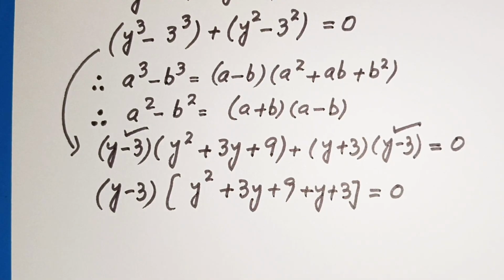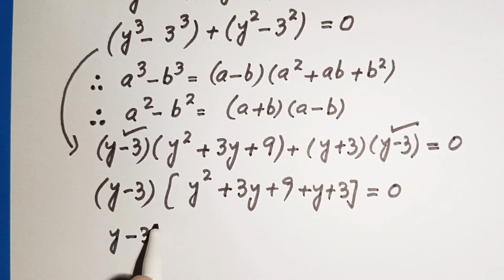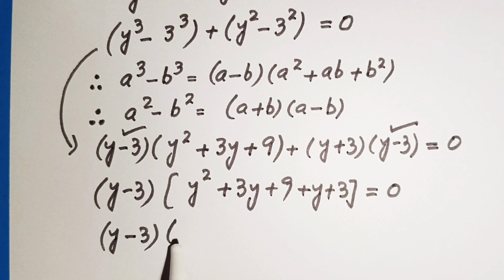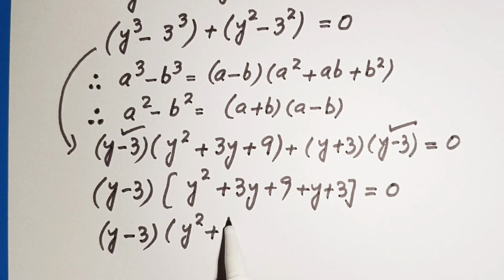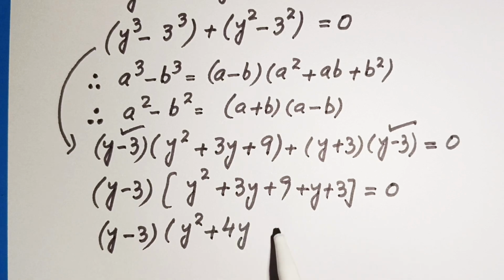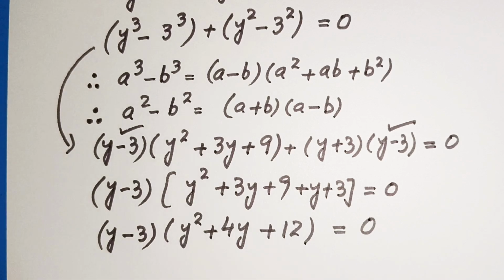Now here y minus 3 times y squared plus 3y plus y will be plus 4y, and here 9 plus 3 is 12, that is equal to 0.